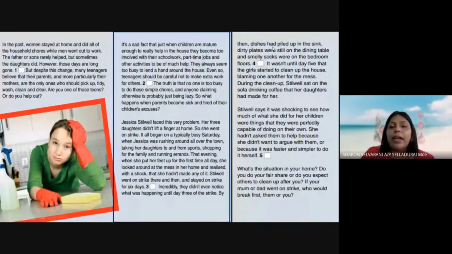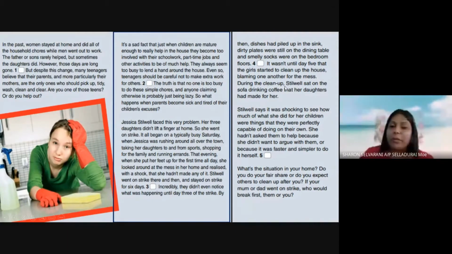By then, dishes had piled up in the sink, dirty plates were still on the dining table, and smelly socks were on the bedroom floors. Okay, number 4. It wasn't until day 5 that the girls started to clean up the house, blaming one another for the mess.